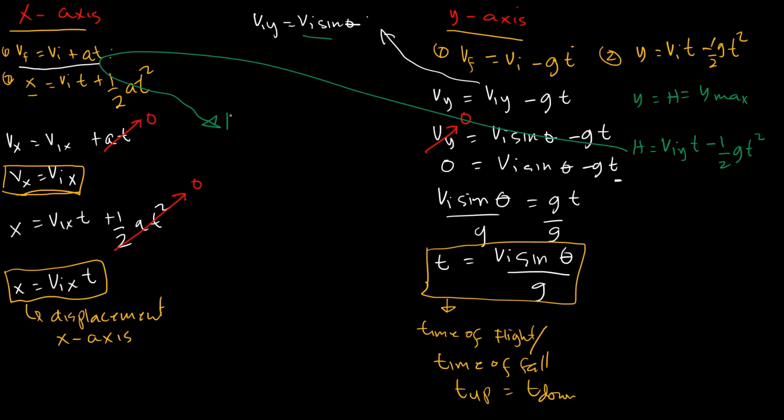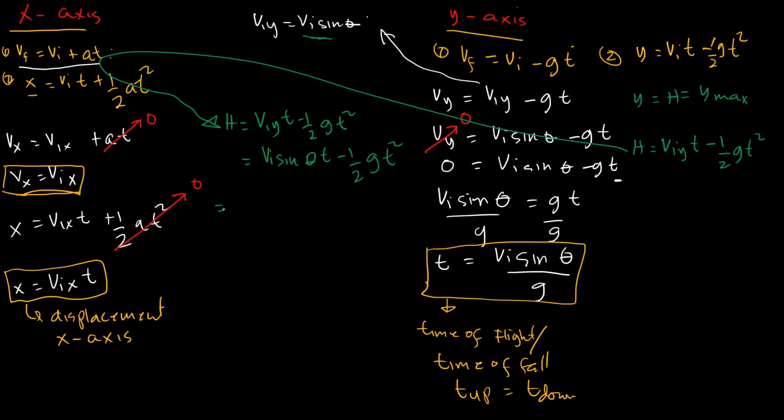So h is equal to v sub iy t minus 1/2 gt squared, and v sub iy is equal to v sine theta. So this is v_i sine theta times t minus 1/2 gt squared.